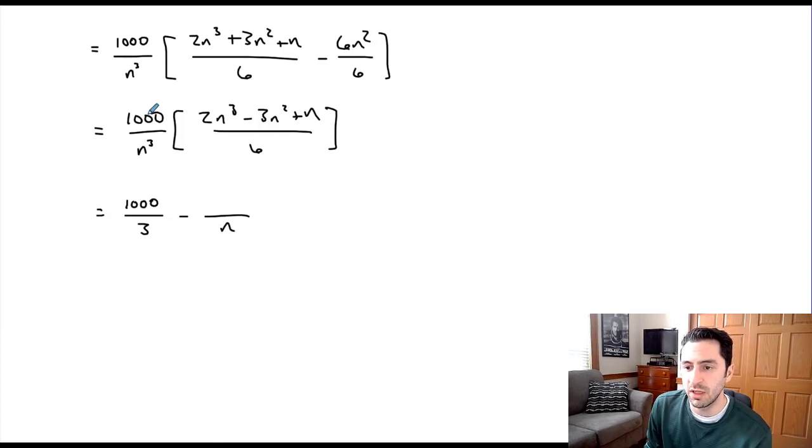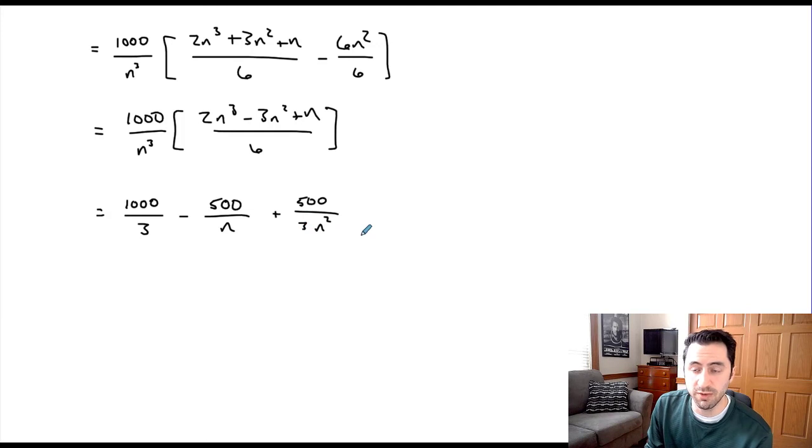And then we have 1,000 times negative 3 over 6, which simplifies to 500. For our last term, we have an n in the numerator and n cubed in the denominator, so we'll end up with an n squared here, and 1,000 over 6 will simplify to 500 over 3.